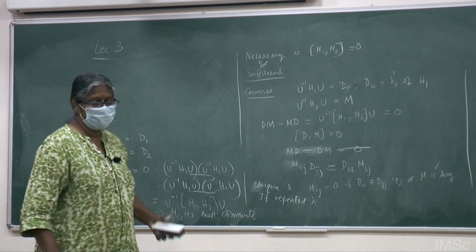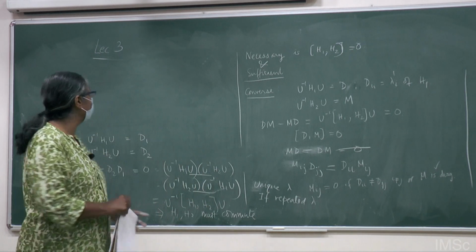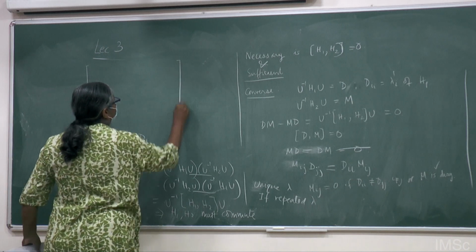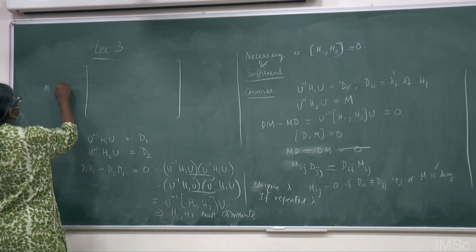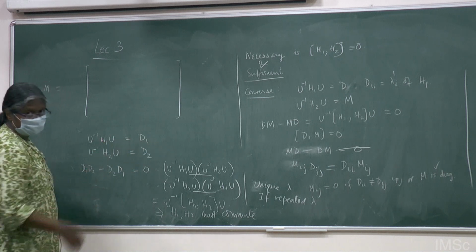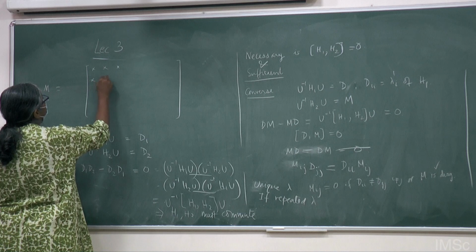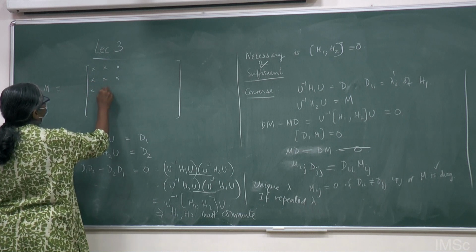Let us say that the first 3 eigenvalues are repeating. Then in my matrix M, what I want to show is as diagonal as possible. Let us say the 3 eigenvalues are repeating. Then for those 3 eigenvalues, the Mij's are not necessarily 0.